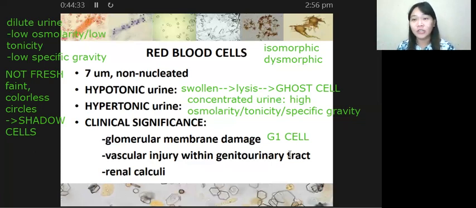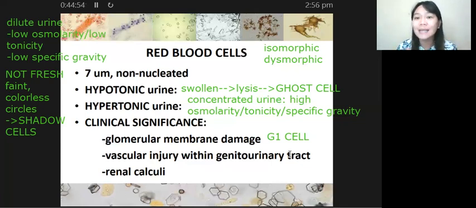glomerular membrane damage. So that means the endothelium of your glomerulus is defective or it is damaged such that the cells which are present in your blood or inside your glomerulus will squeeze. I-squeeze po nila.